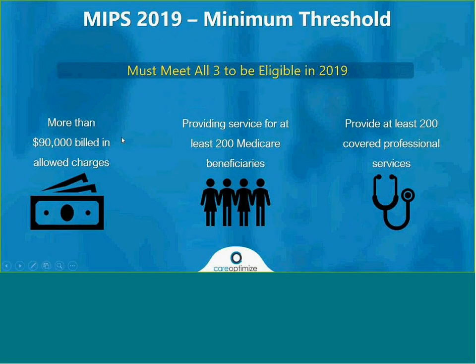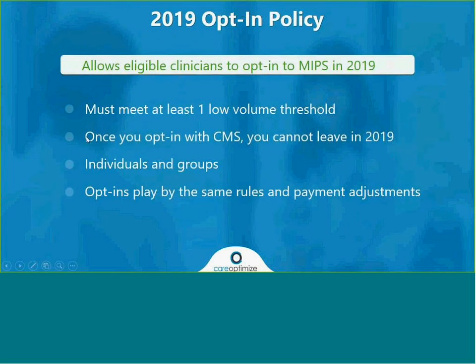Now, what's interesting is in 2019 will be the first time they are going to allow an opt-in policy. So what this means is you may have providers in your practice who don't meet all 3 that we just looked at. They might meet 2 of the 3. Maybe they just meet the first 2, but they don't meet the 3rd.